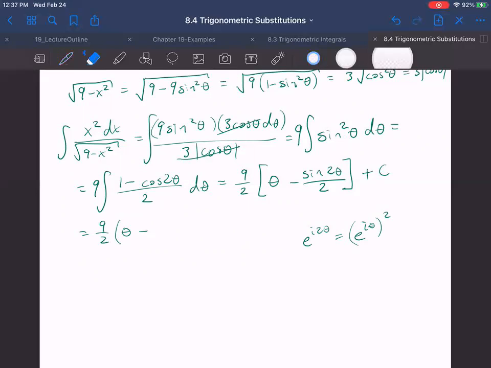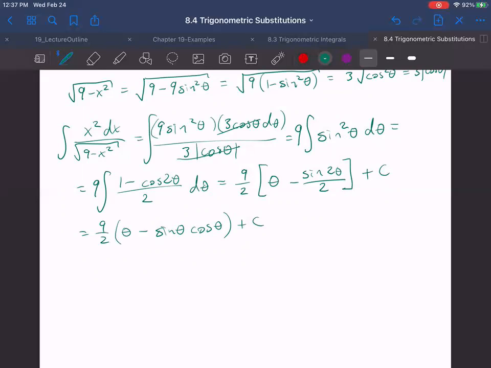But anyway, if you want to try that, it's a good exercise for you. What we end up with is sine of 2 theta over 2 is actually just sine theta cosine theta, plus c. Okay?